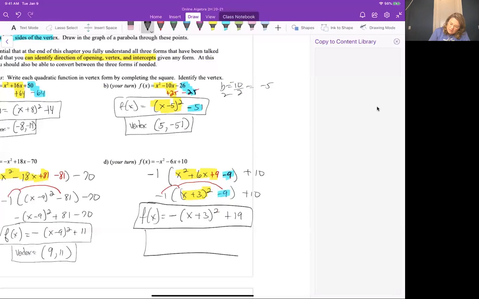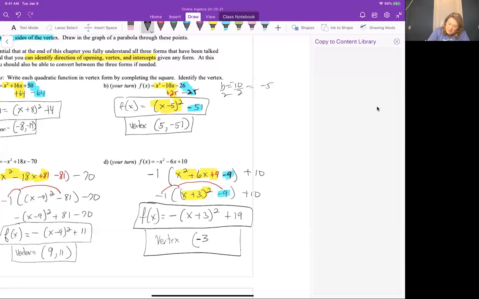And then I can quickly find the coordinates of my vertex. And what is it? Well, it's positive 3, and in the vertex form, we have minus h. So the x coordinate of the vertex is -3.